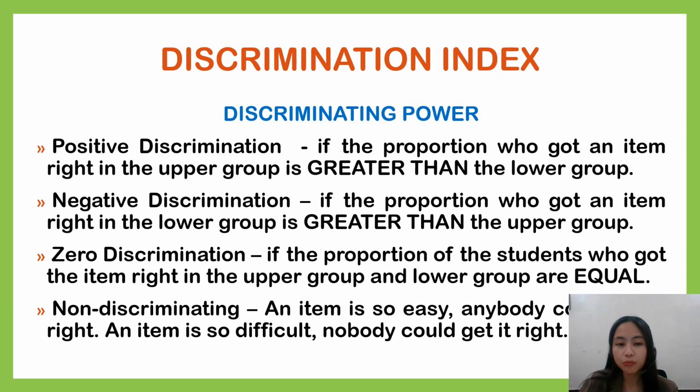Kapag sobra naman hirap nung item na yon, hindi lahat makakapagsagot nun. So dapat nasa moderately difficult lang siya. So non-discriminating if super easy, that anybody could get it right, and if the item is difficult, nobody could get it right.